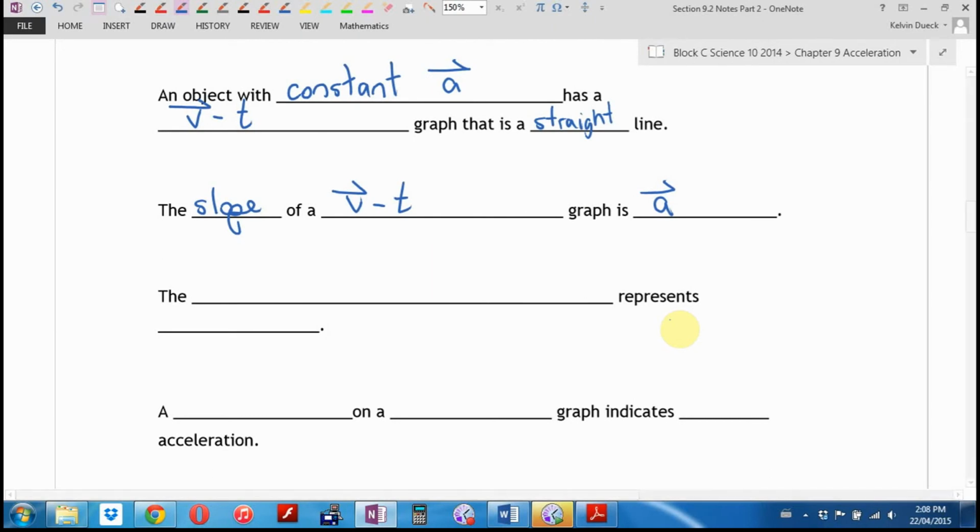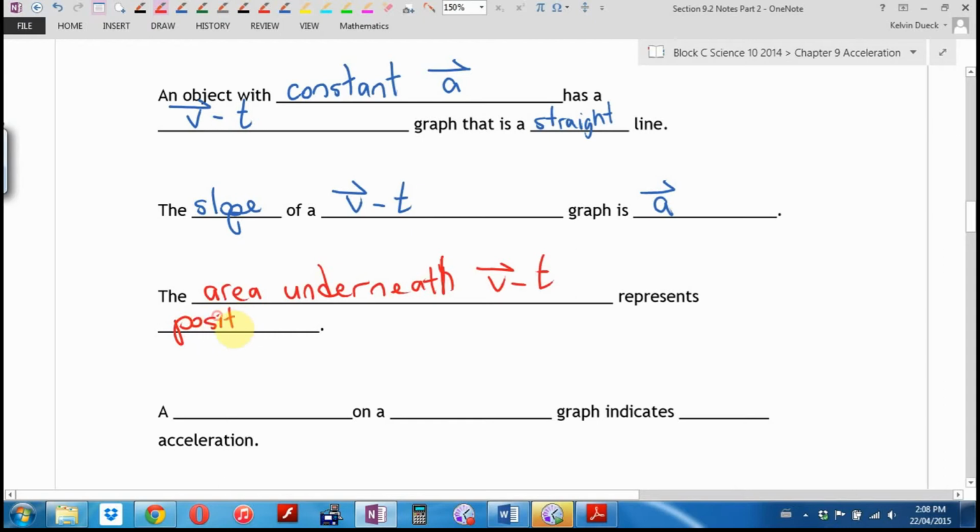Turns out, the area underneath a VT graph represents, actually not position, displacement. I'll be fussy.